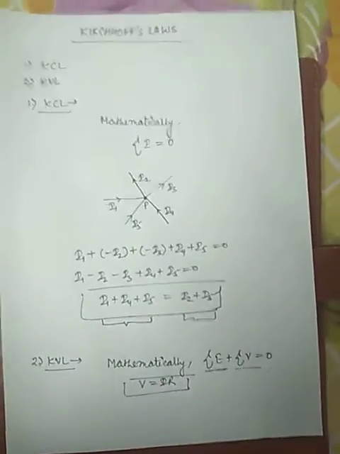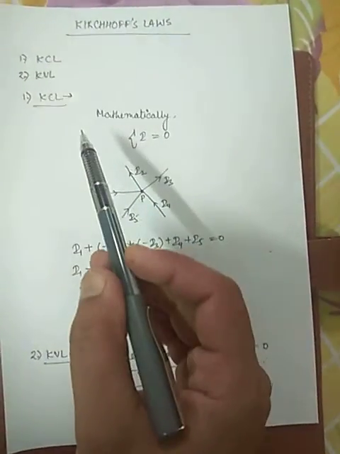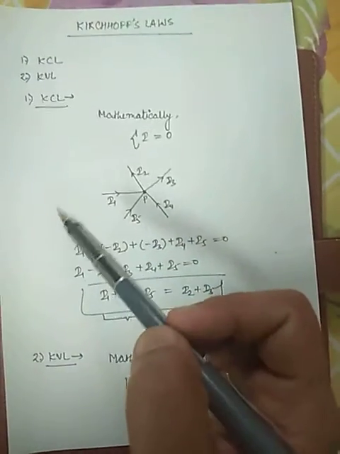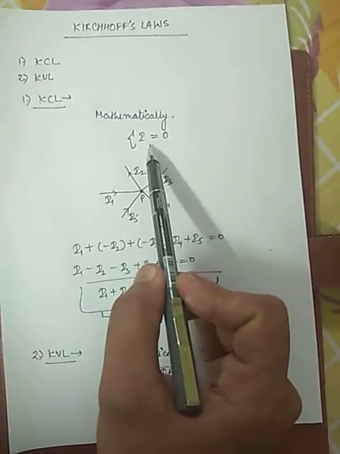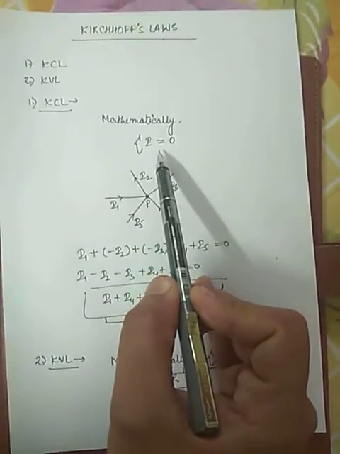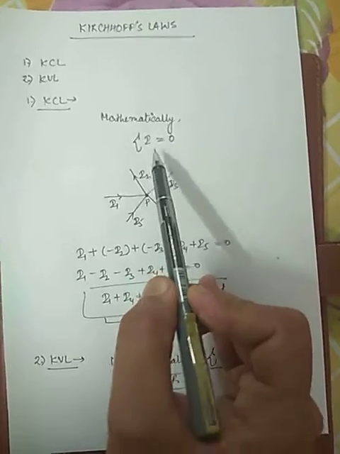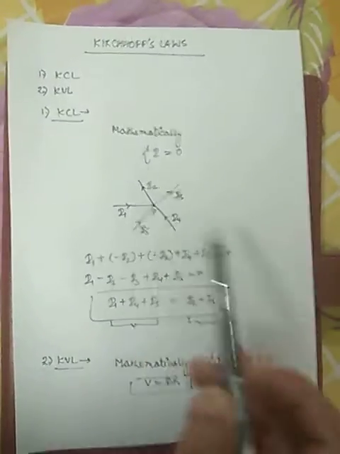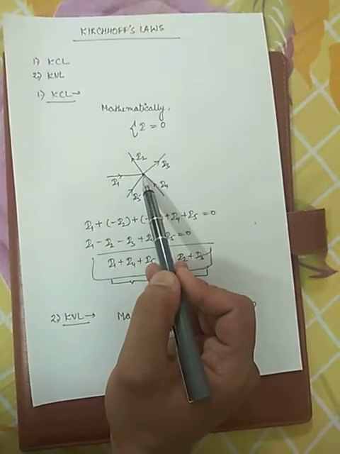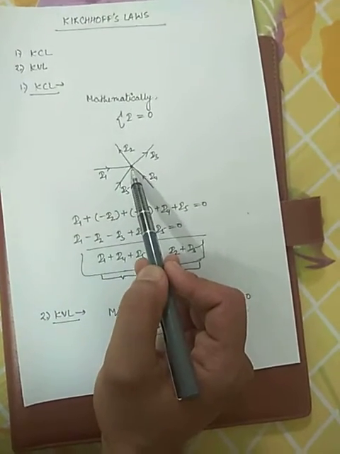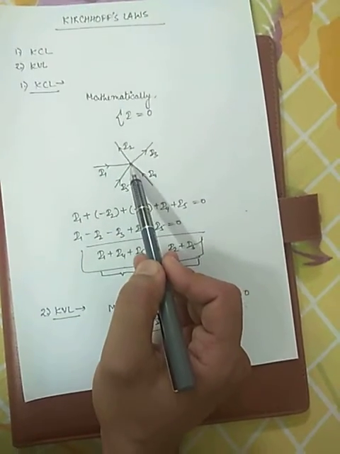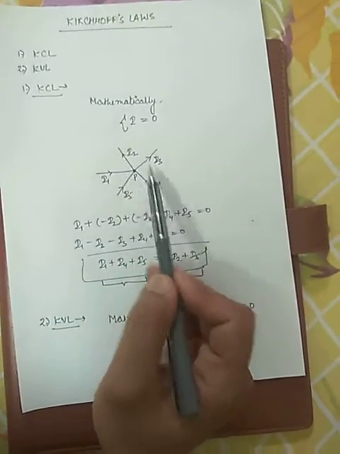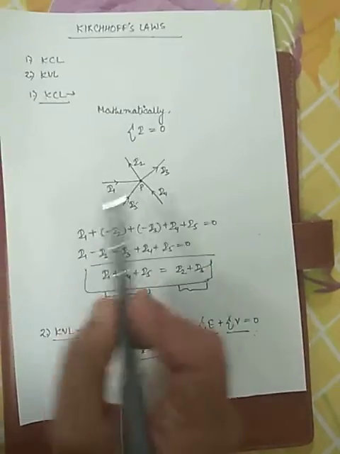This law relates to the current in an electrical circuit. Mathematically, the algebraic sum of all the currents meeting at a point or junction is equal to 0. Here is an example: I am taking a junction point, say P, with 5 branches or conductors.